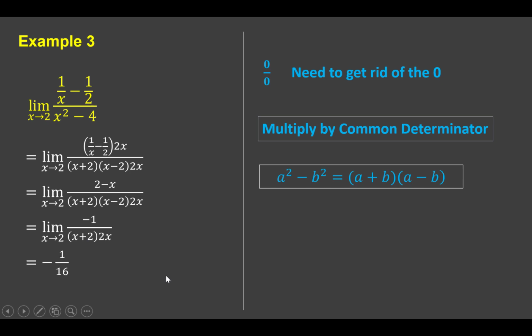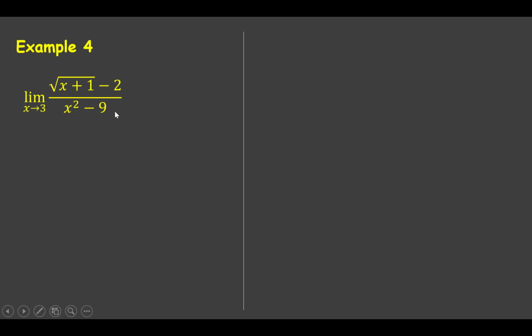Okay, so next example, we have a limit of this expression with a square root on the top. Now again, when you substitute x equals 3, you will have 0 over 0 here, because 9 minus 9. And then here you have square root of 4, which is 2, and 2 minus 3 is 0. So it's 0 over 0, and we have to get rid of the 0.